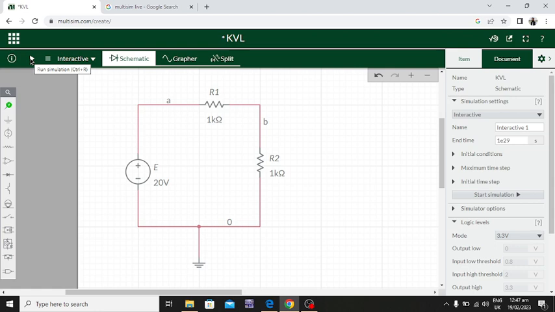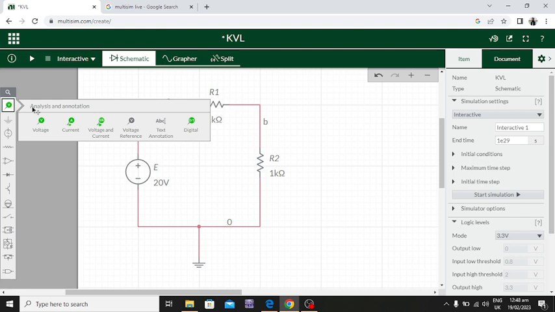Now run the simulation. Before running the simulation, I want to check the voltages across these resistors and across the source.